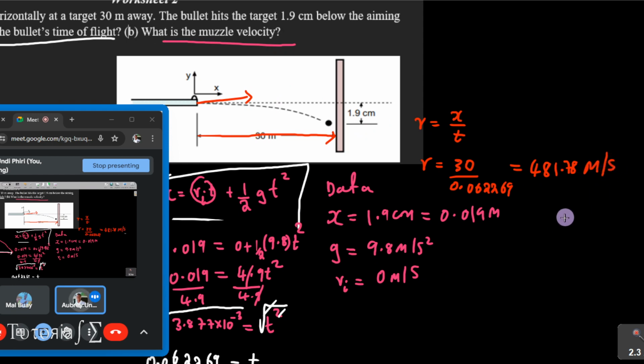All right, and that will be the velocity it is starting with. Okay. Any questions on this one? No questions.